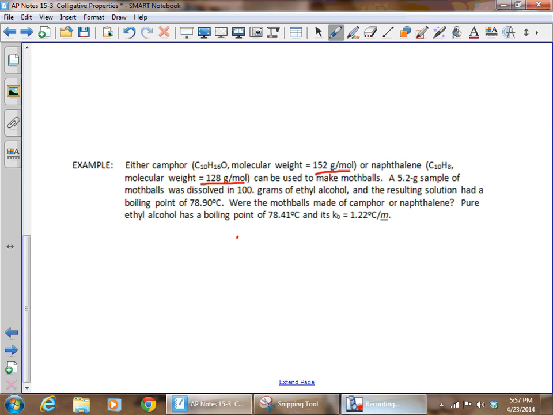So let's look at the boiling point. Delta Tb is the boiling point constant times van 't Hoff factor times the molality. And it said the boiling point changed from 78.41 to 78.90 degrees Celsius.